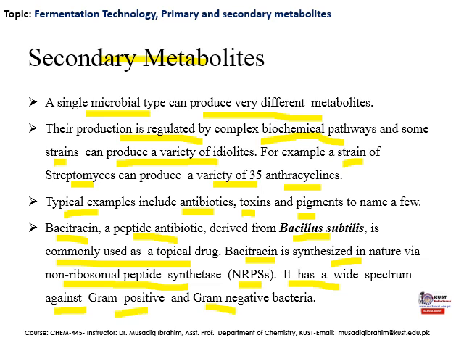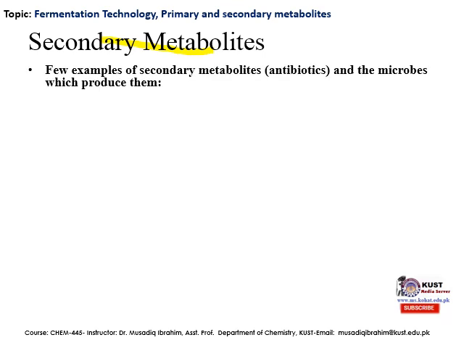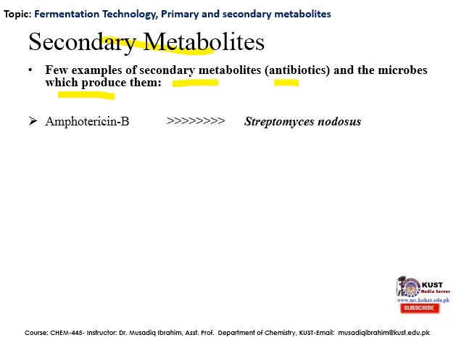So it means that bacitracin in the form of a drug is effective against gram-positive infections as well as gram-negative infections. Now, a few examples of secondary metabolites in the form of antibiotics and the microbes which are producing them are given below.